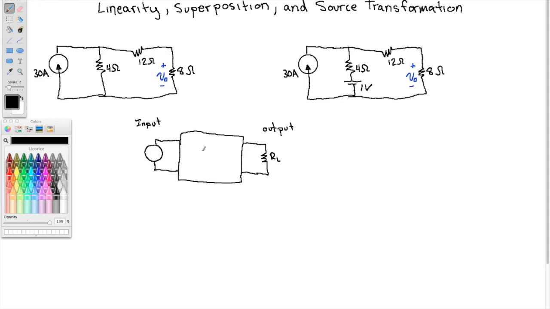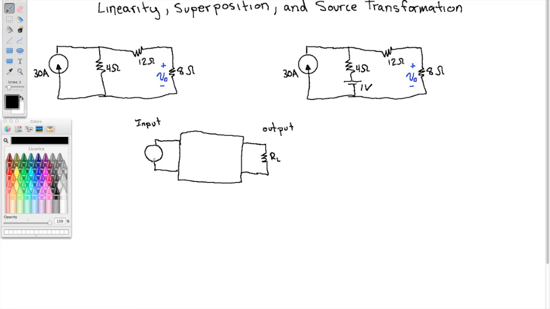Or for another example, the input could be the wall outlet. So this would be 120 volts in the United States at 60 hertz. And then you have some sort of circuitry here. Maybe this is the circuitry of your house. I guess if this is the wall outlet, then this wouldn't be the circuitry of your house.